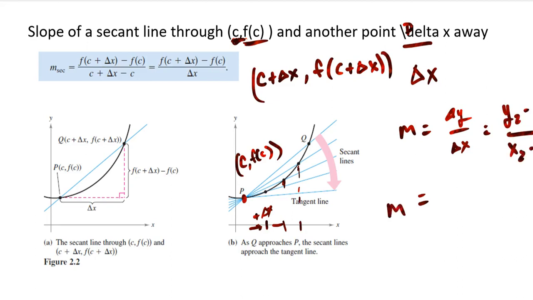And so what do we end up with for our slope? We get f of C plus delta x minus f of C divided by C plus delta x minus C.